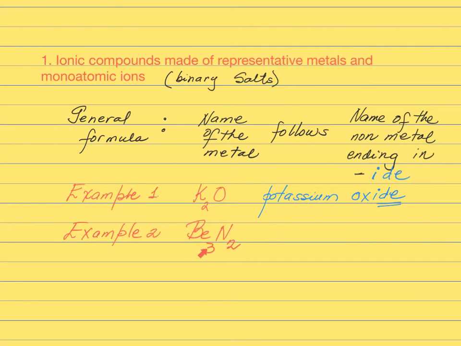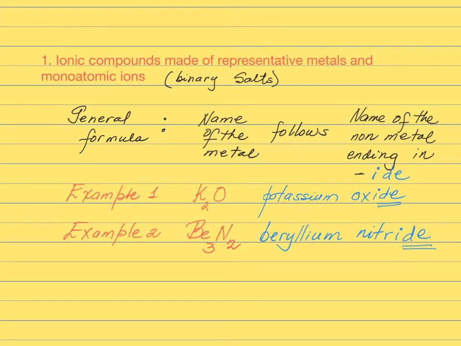And when you look after beryllium, you have only one non-metal, meaning that you have a monoatomic ion. How are you going to name this? The name of the metal, which is beryllium. And then you have nitrogen. But remember that you have to drop the ending and you're going to add IDE. So the name of this ionic compound is beryllium nitride.